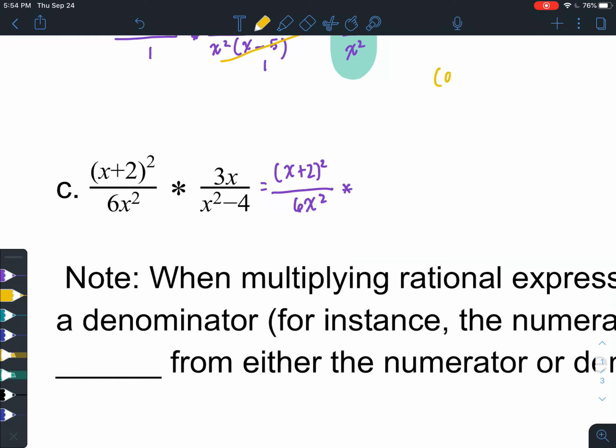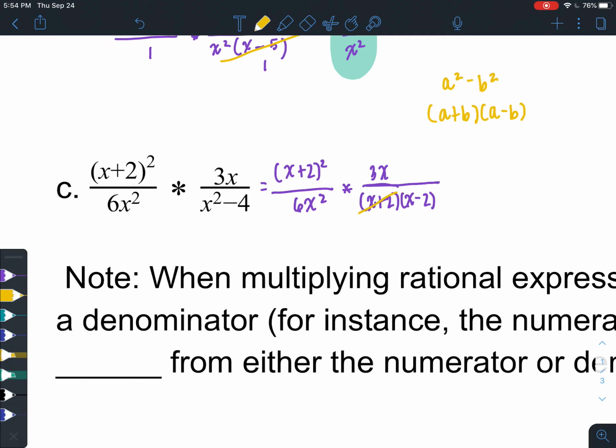So if that's a squared minus b squared, that's the same thing as a plus b times a minus b. So we've got 3x over x plus 2 times x minus 2, since 2 is the square root of 4.